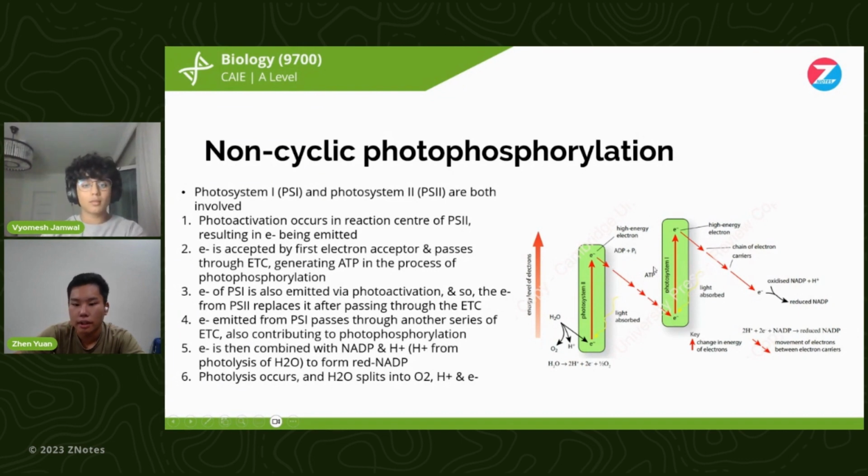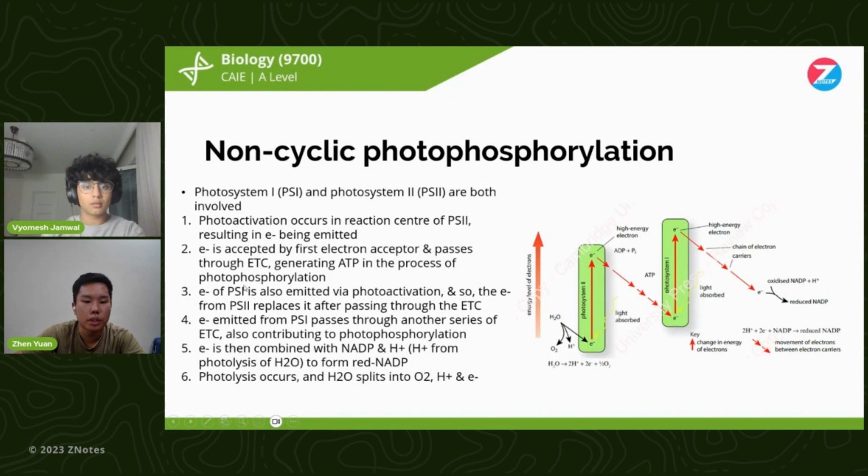Hence, as it says here, ATP is formed from ADP and phosphate ion. So the electron is accepted by the first electron acceptor and passes through your electron transport chain, generating ATP in the process of photophosphorylation, or in other words, chemiosmosis.